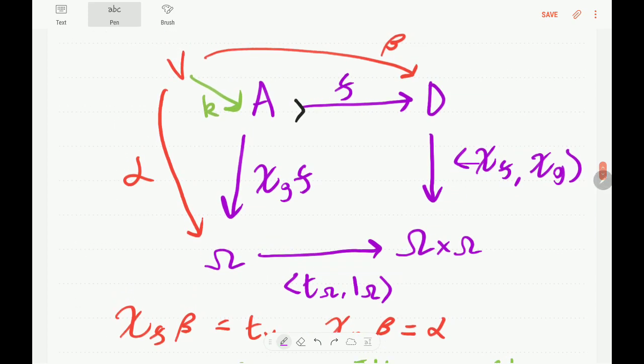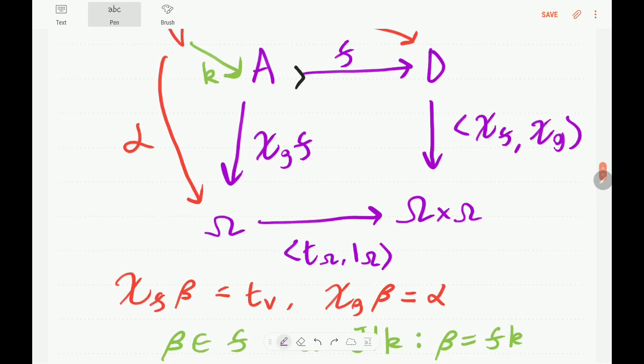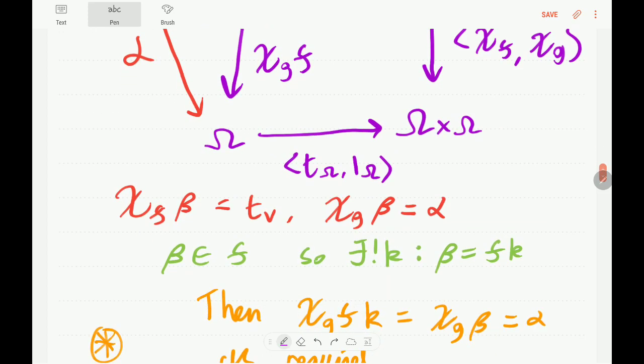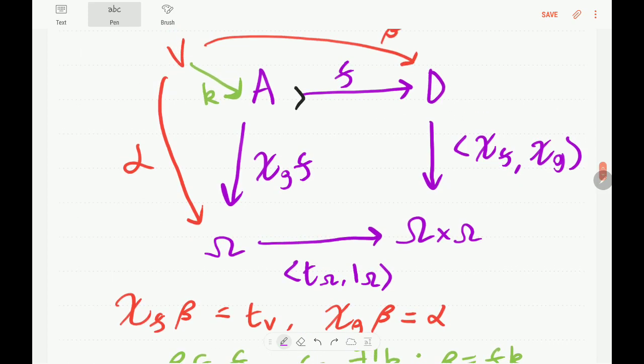Given that those two things are equal, they're equal component-wise, and so we have that χf after beta equals tv, and χg after beta is equal to alpha. So this left one means that beta is in f, and so there exists a unique k such that beta equals fk.